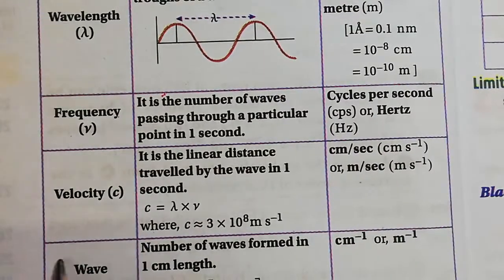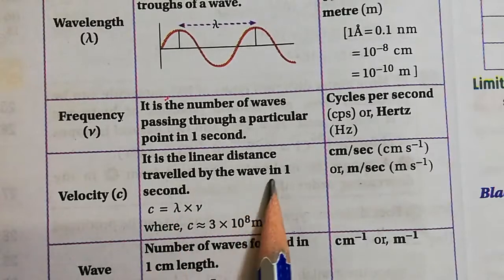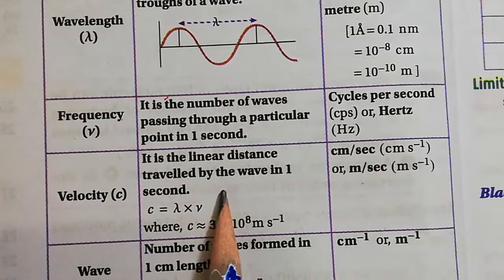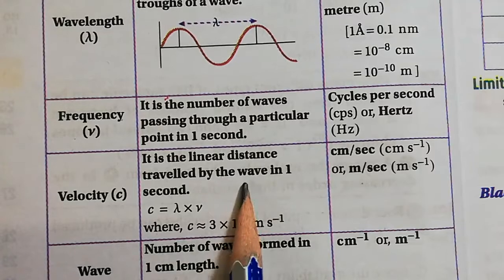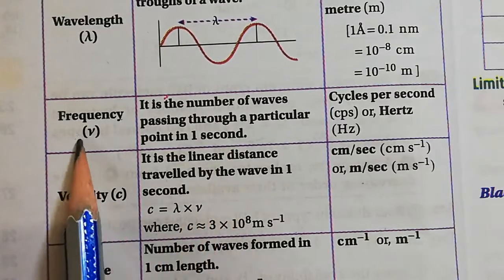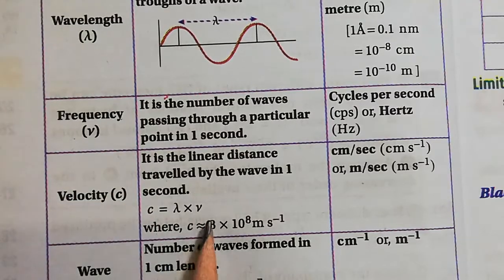The velocity of the electromagnetic wave is the linear distance traveled by the wave in 1 second. If the number of oscillations, that is the frequency, is shown by a term that looks like v, but it's not v, it is nu.